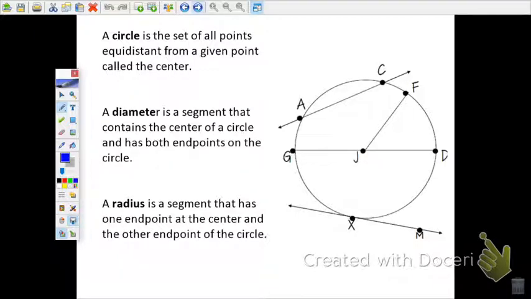So when we name a circle, you're going to see a dot, which kind of represents that center point. You're going to see a small circle around it. And then they are going to use the letter of that center point.